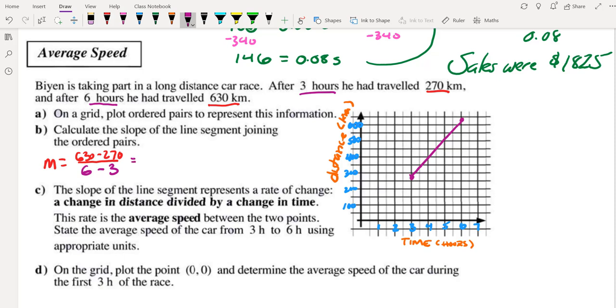On the top, we subtract the two numbers and we get 360. 6 minus 3 is 3.